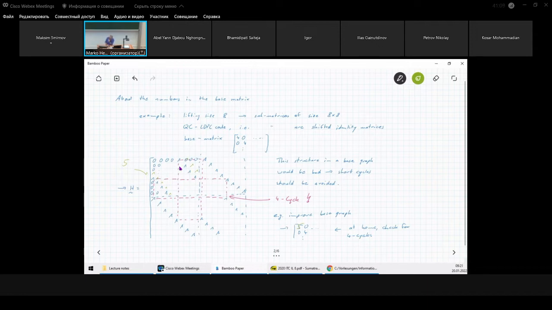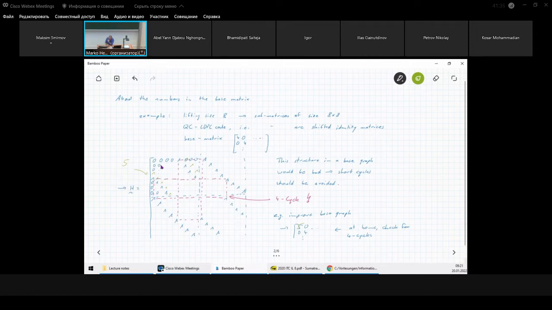So there's actually one simple method to detect these 4 cycles. I was reading a bit about this yesterday. For example, if you always take the sum of 2 rows of this matrix. So take this row, first row, and this row.